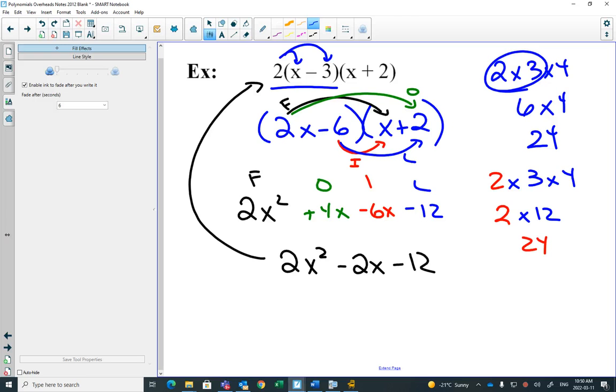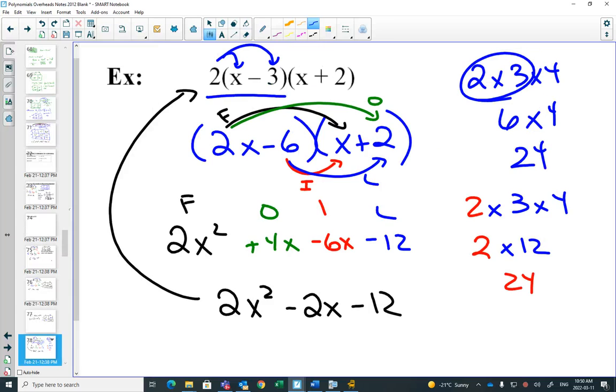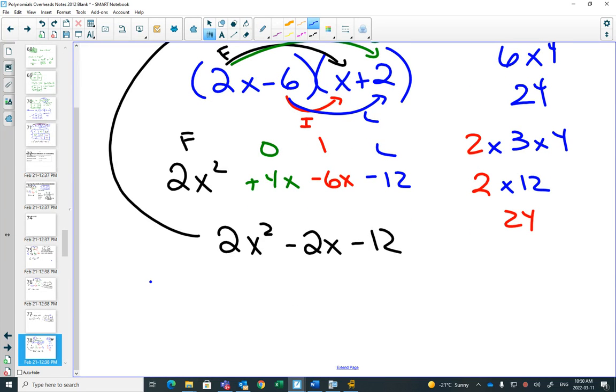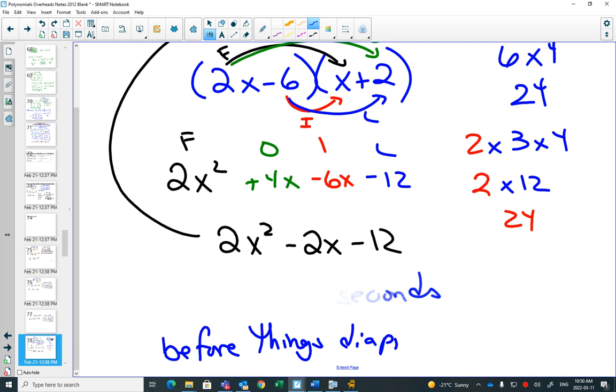I can change the time. And it had to be the color that you chose. Well, I can change it, like if I want my disappearing color to be a different color, I could save it as a new color. So now I have 6 seconds before things disappear.